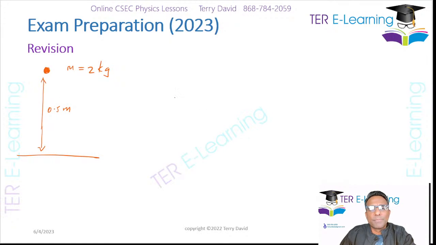And I want you all to calculate what is the potential energy of this object here. We're going to take G as 10 meters per second squared. What is the potential energy of this object at this height?